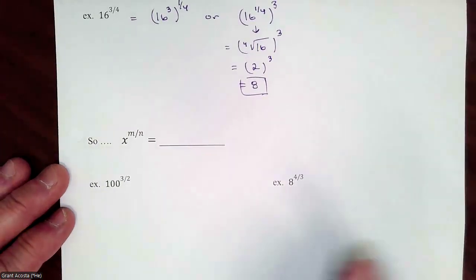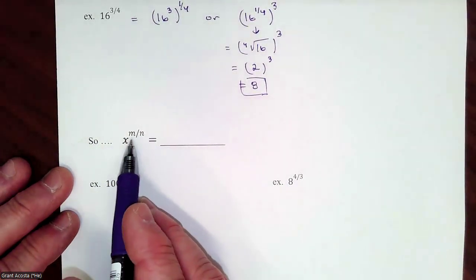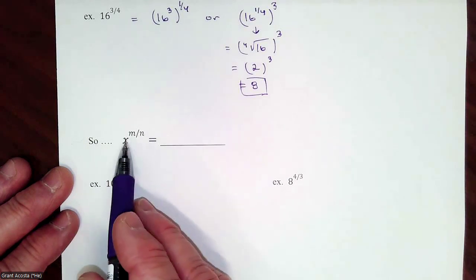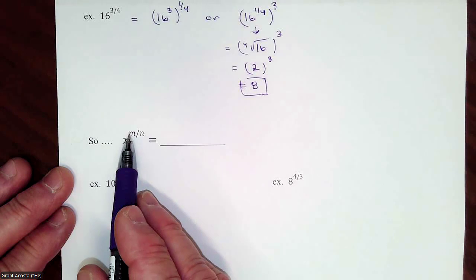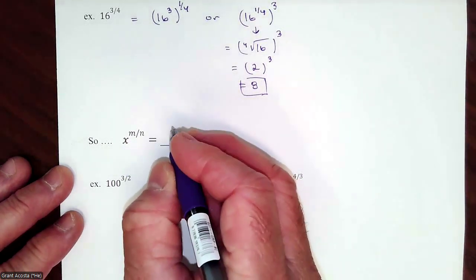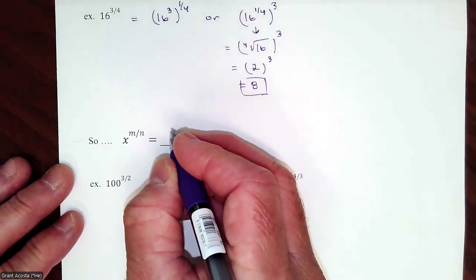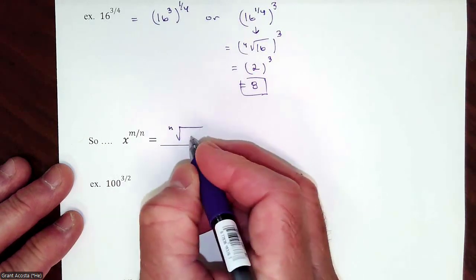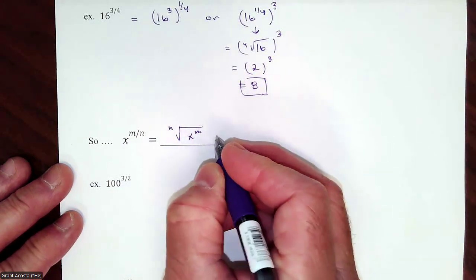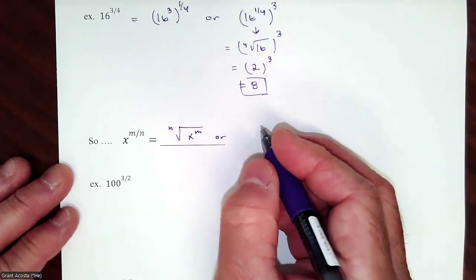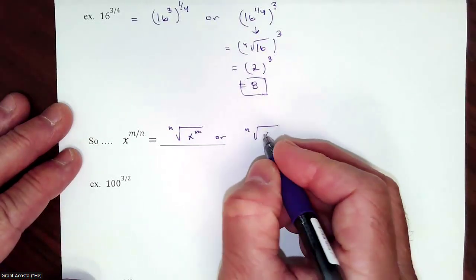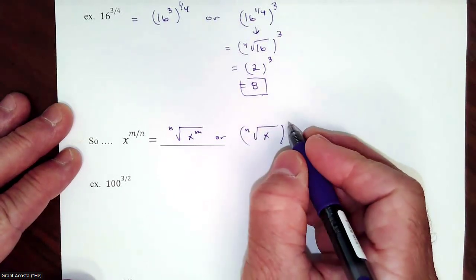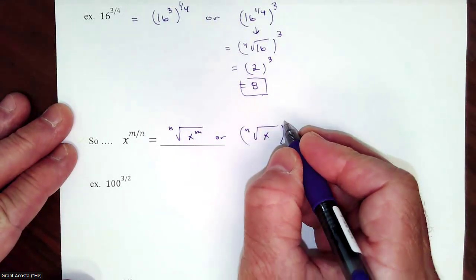So what do we learn now? We can come up with a more thorough formula for x to the m over n. Now I don't even need my numerator to be 1. You can do it one of two ways. It could be the same as the nth root of x to the m, or it could be the same thing as the nth root of x, and then I raise it to the m power.